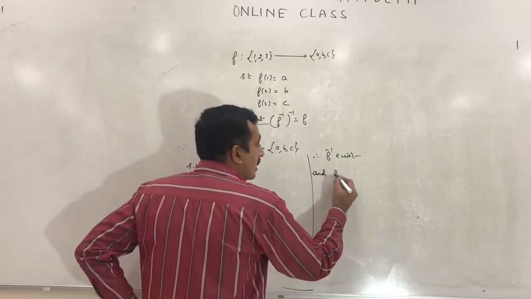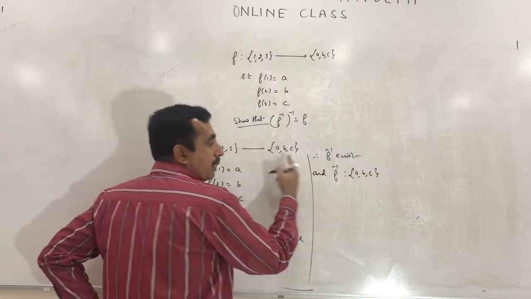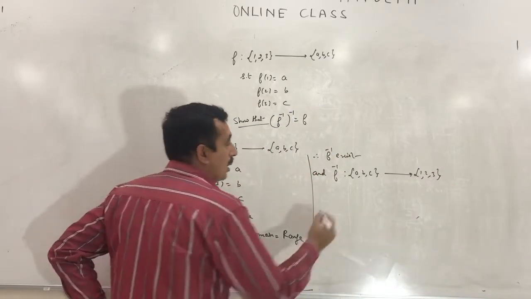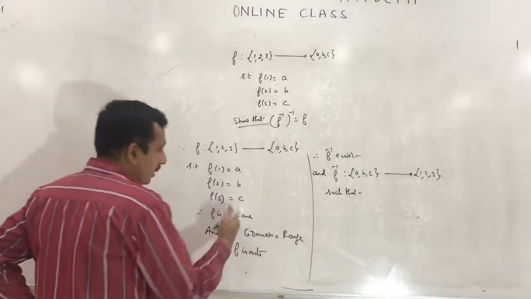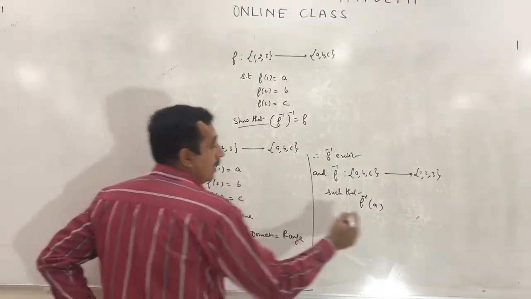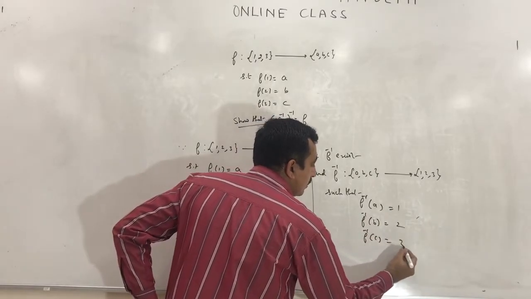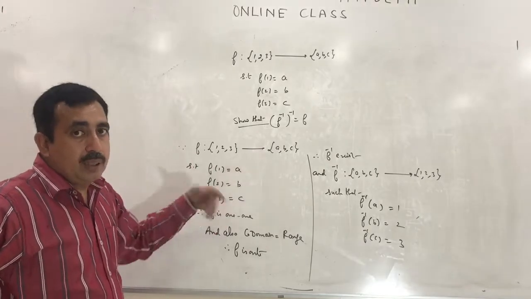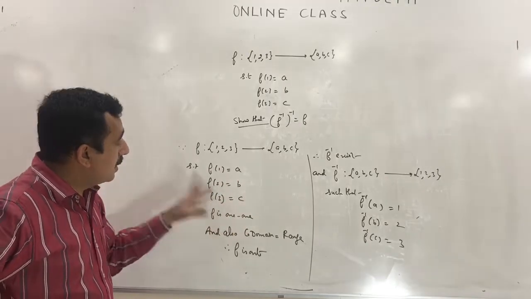And inverse starts from {A, B, C} to {1, 2, 3}. Inverse of A is 1, inverse of B is 2, inverse of C is 3, because this f is one-one and onto, therefore inverse exists.